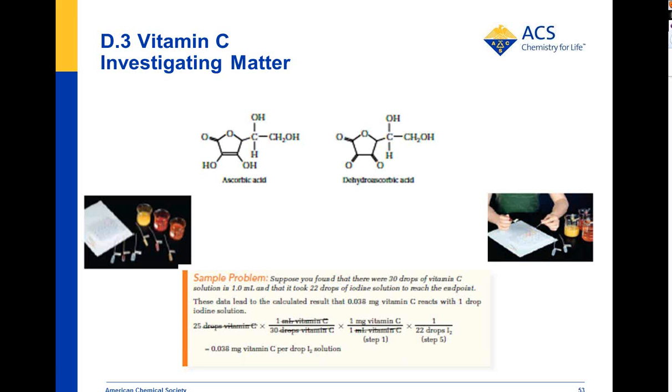In the sample case they've used here, it's 30 drops, and that kind of depends upon how narrow the orifice of the pipette is. And then they will multiply it by that standard, the 1 milligram of vitamin C per 1 milliliter of vitamin C.